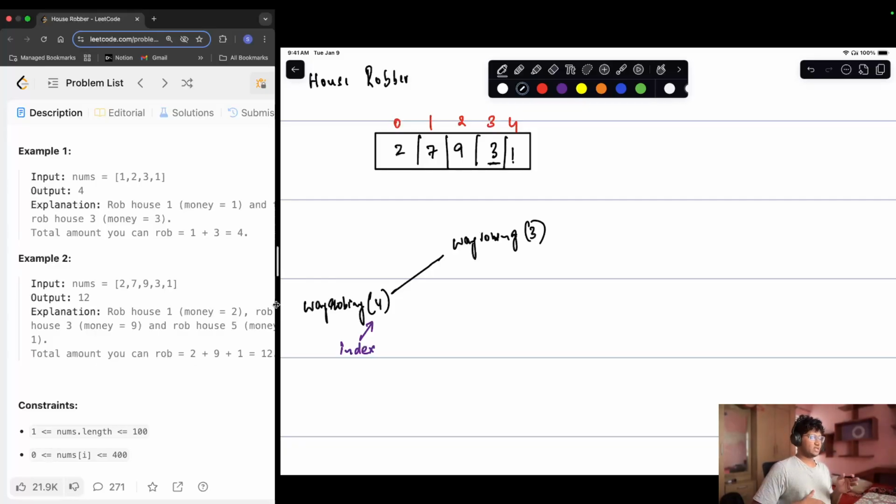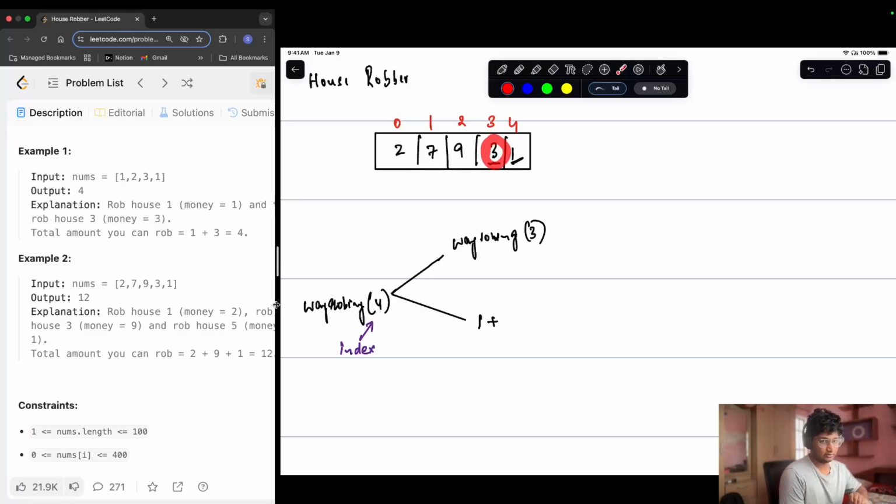The other possibility is I pick 4. When I pick 4, I will take this money, so I take 1 plus. Do I have a chance of picking 3? No, because 3 is adjacent to 4.